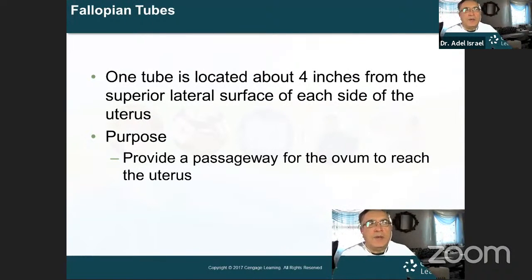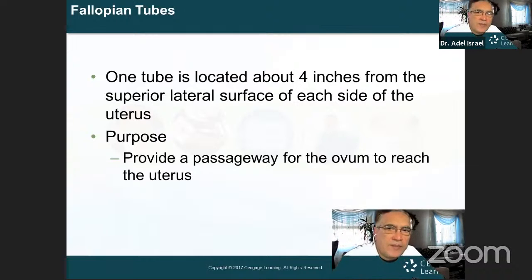And the purpose of the fallopian tube is it is a passageway for the ovum to reach the uterus. As you know, guys, fertilization of the ovum starts in the outer third of the fallopian tube, and after fertilization, the fertilized ovum has to go in the direction of the uterus. So this will be through the fallopian tube.